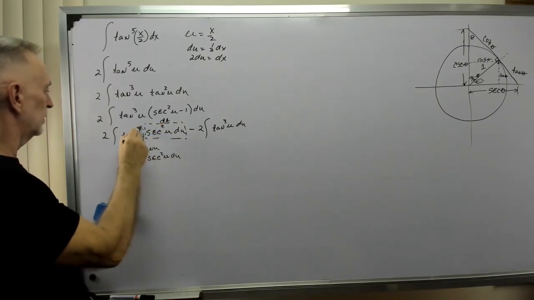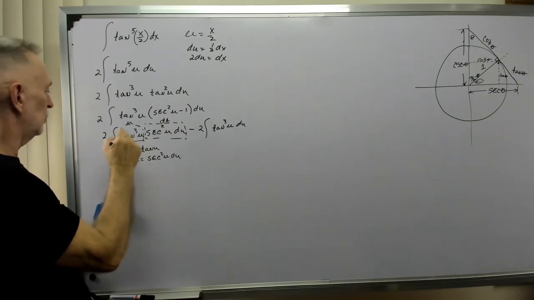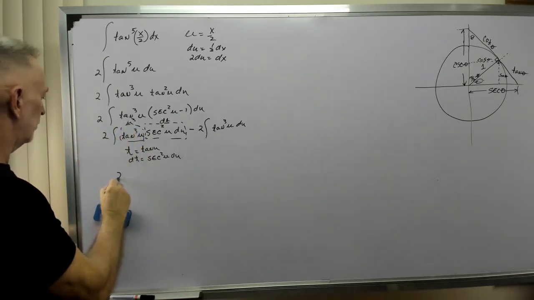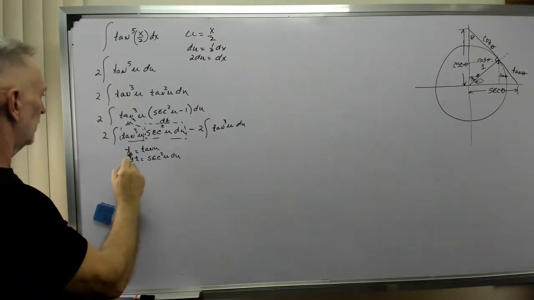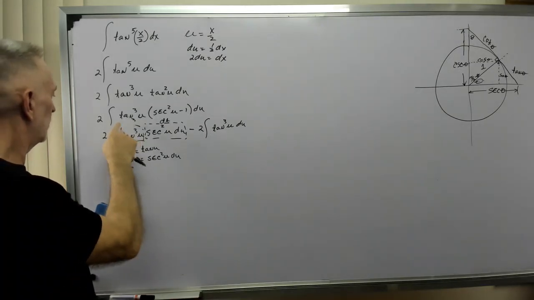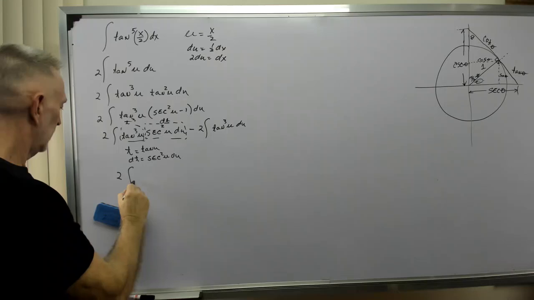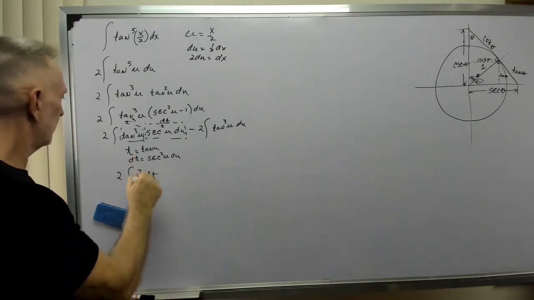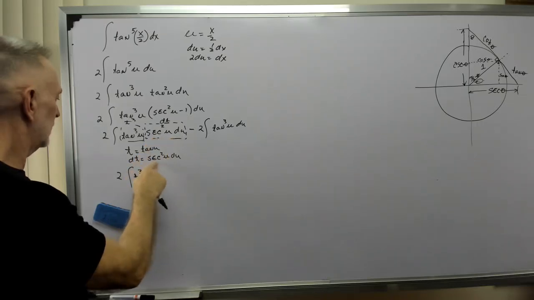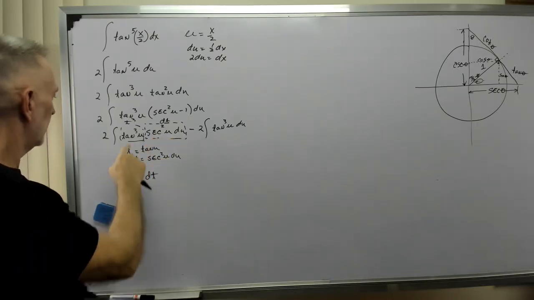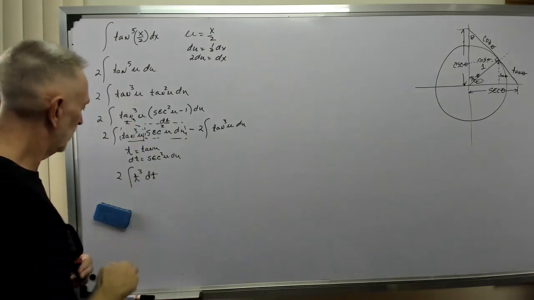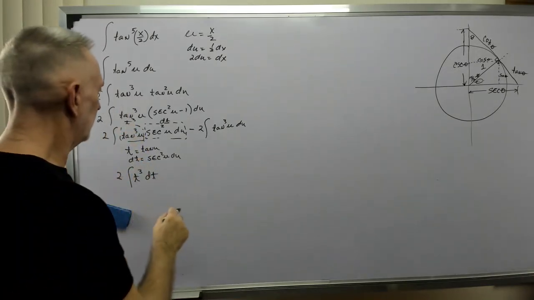And this is tangent cubed. So now I have 2 times the integral of t cubed dt. That's dt, secant squared u du, and tangent is t. All right, I took care of that one.